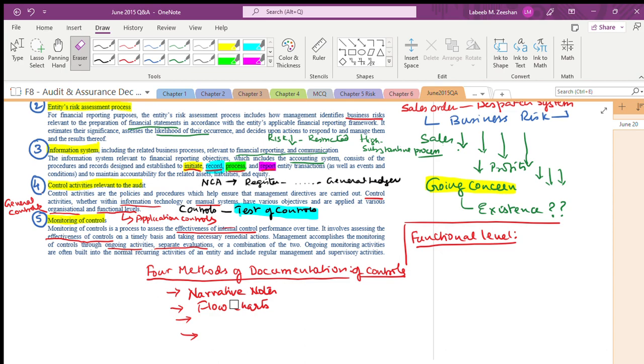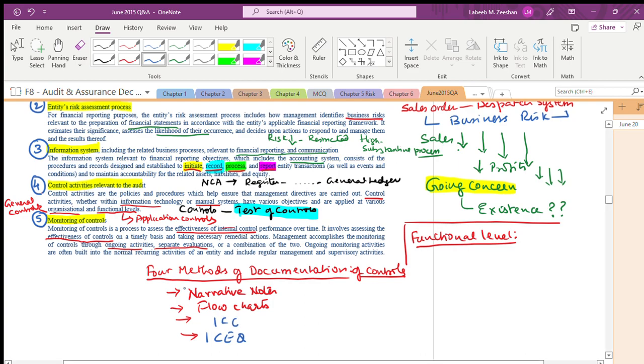Good, Fatma, exactly. And the next one, internal control evaluation questionnaire and internal control questionnaire.